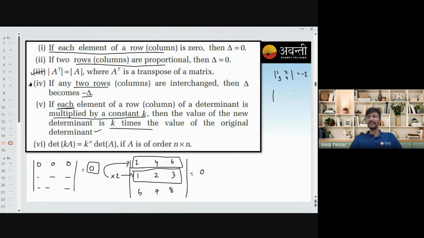If I multiply each element by 2, I'll get 2, 4, 6, 8. What is the value? 16 minus 24, which is minus 8. That means I have to multiply 2 with 2 square to get 8. That is what it is saying.